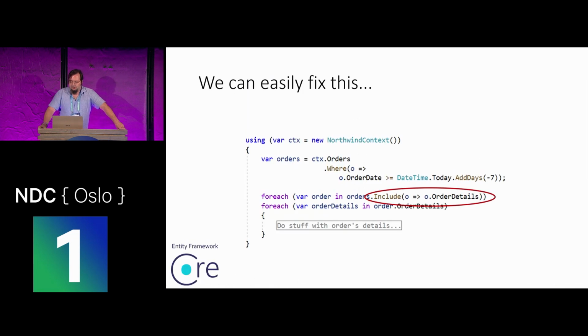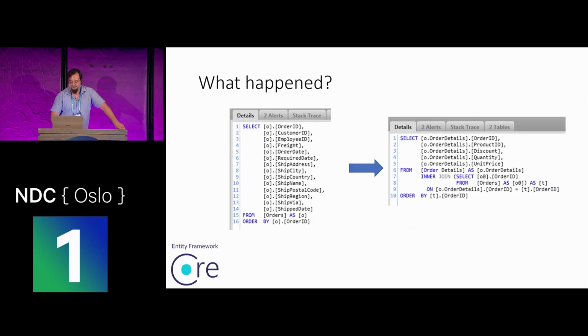So if you take a closer look at Entity Framework features, this can be easily fixed. You just tell Entity Framework that you want to fetch order details together with an order, right? So if you take a look at the traffic, it will do something like this. So instead of n queries, where n is the amount of orders, you will make 2 queries.